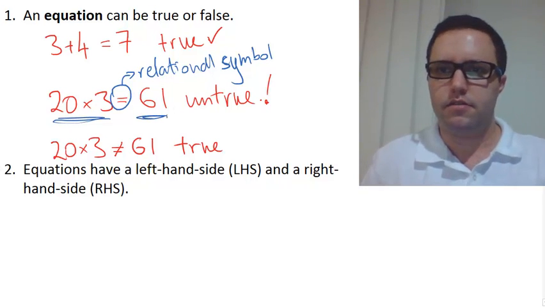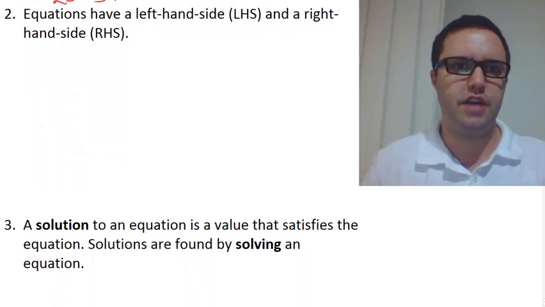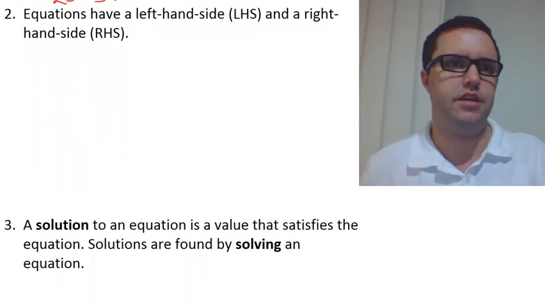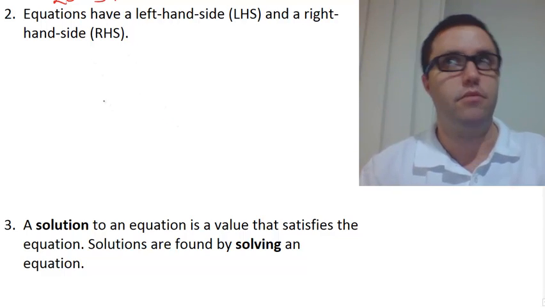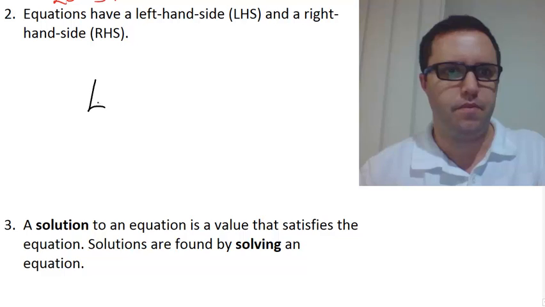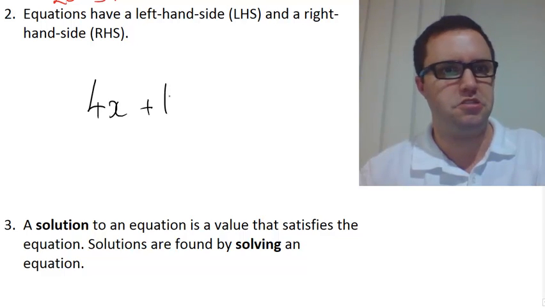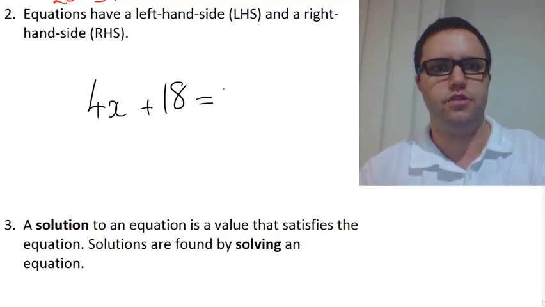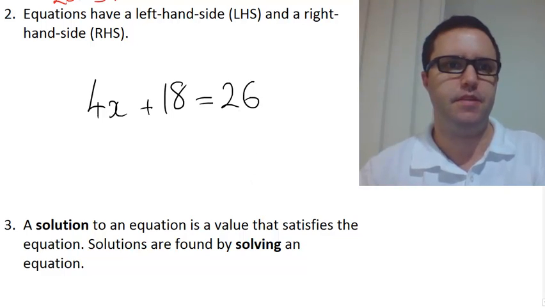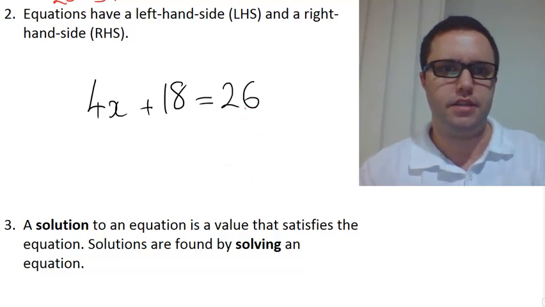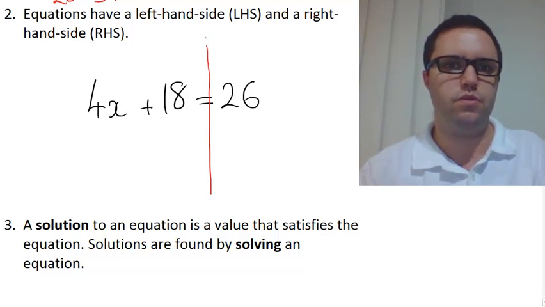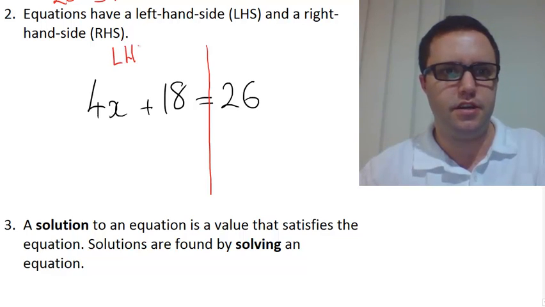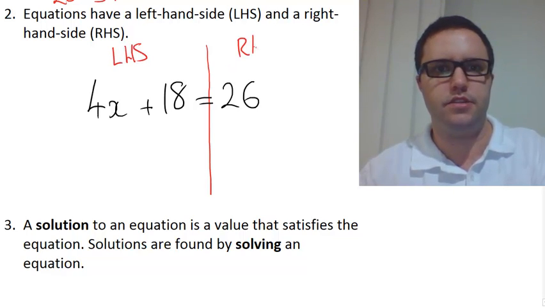Okay, right. Equations have a left-hand side and a right-hand side. So let's write an equation here. I might choose to do 4x plus 18 is equal to 26. When we're looking at something like that, imagine there's a wall, a divide there, and everything on this side is the left-hand side, and everything here is the right-hand side.